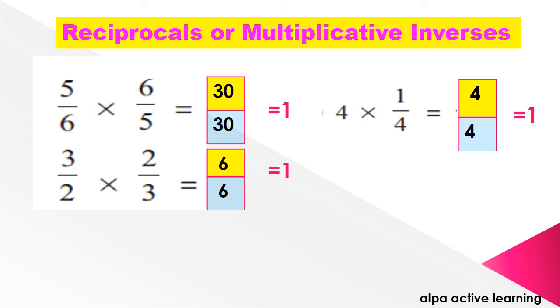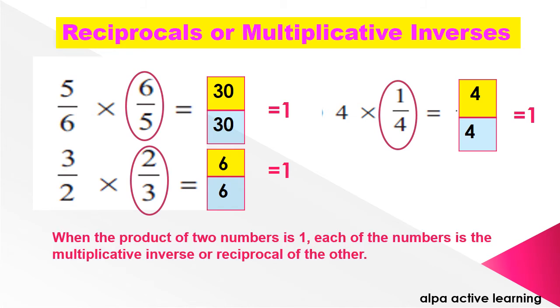That means, if you observe them, 5 upon 6 का inverse, उसका उल्टा 6 upon 5 है. 3 upon 2 को पलट लेंगे, flip करेंगे, 2 upon 3 मिलेगा. 4 को flip करेंगे, 1 upon 4 मिलेगा. तो ये जो नंबर हैं 6 upon 5, 2 upon 3, 1 upon 4, we call it a multiplicative inverse और reciprocal. तो जो न्यूमरेटर है वो डिनोमिनेटर बन जाएगा, जो डिनोमिनेटर है it will become numerator and their product is always 1.